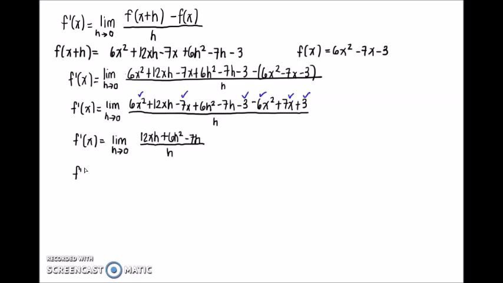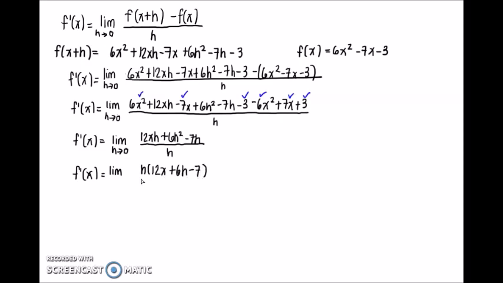So the derivative of f of x is equal to the limit of. So factor out the h from here. So this gives us h times 12x plus 6h minus 7.